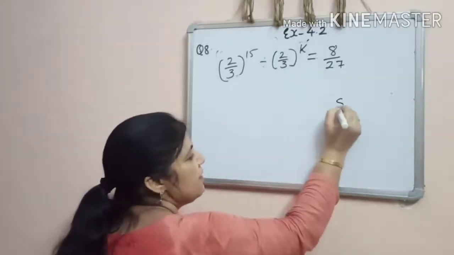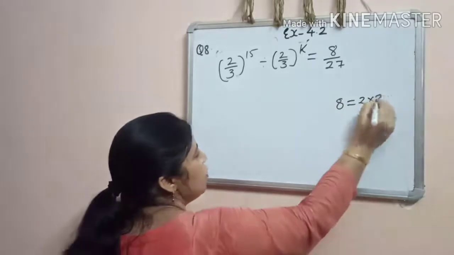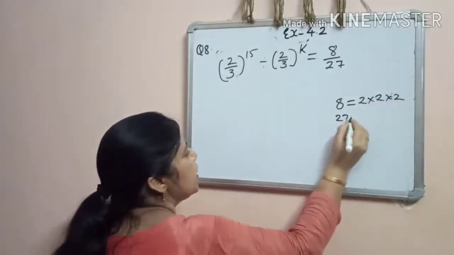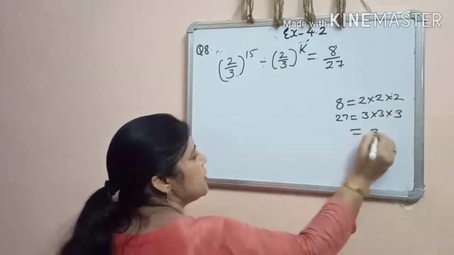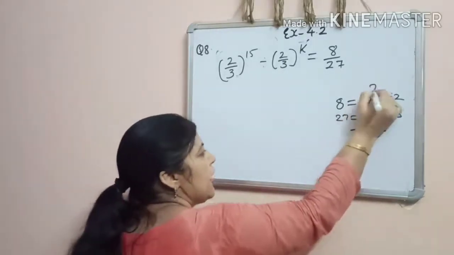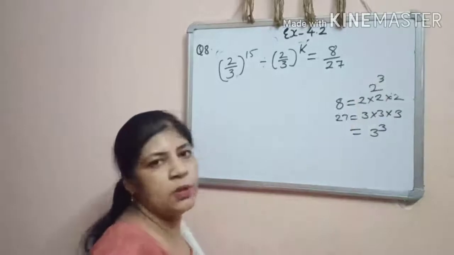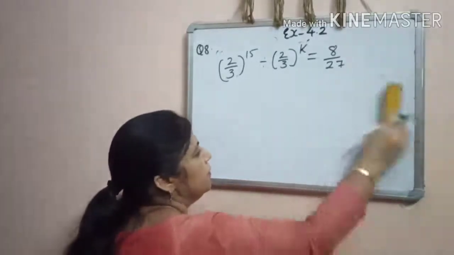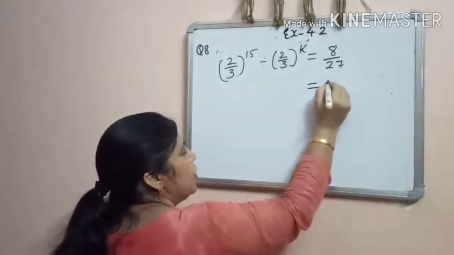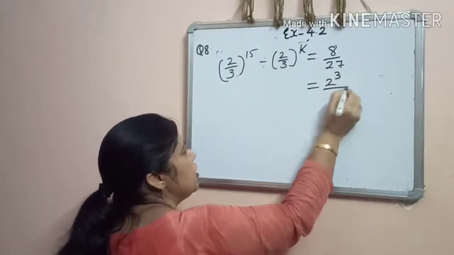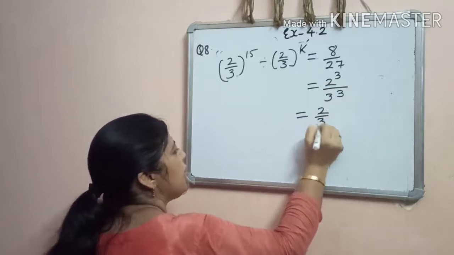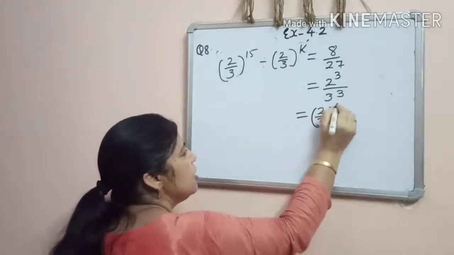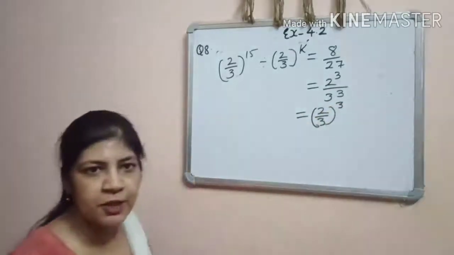So you know very well you can write 8 as 2 into 2 into 2 and 27 as 3 into 3 into 3 means 3 raised to the power 3 and it is 2 raised to the power 3 like this. 2 raised to the power 3, 3 raised to the power 3 and you can write it as 2 by 3 raised to the power 3.